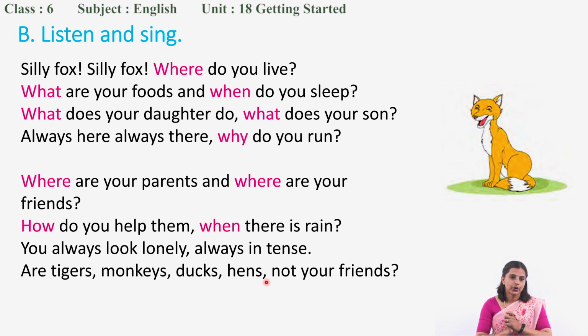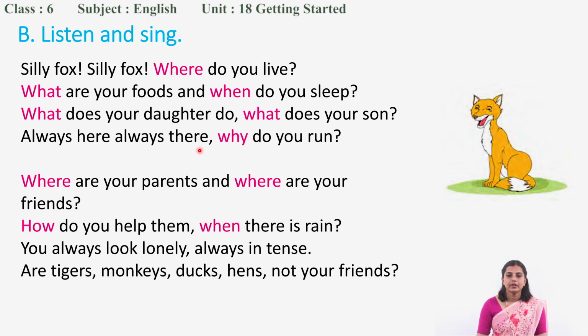Wow, very good. Okay, so once again, let's repeat it. All right. Silly fox, where do you live? What are your foods and when do you sleep? What does your daughter do? What does your son?